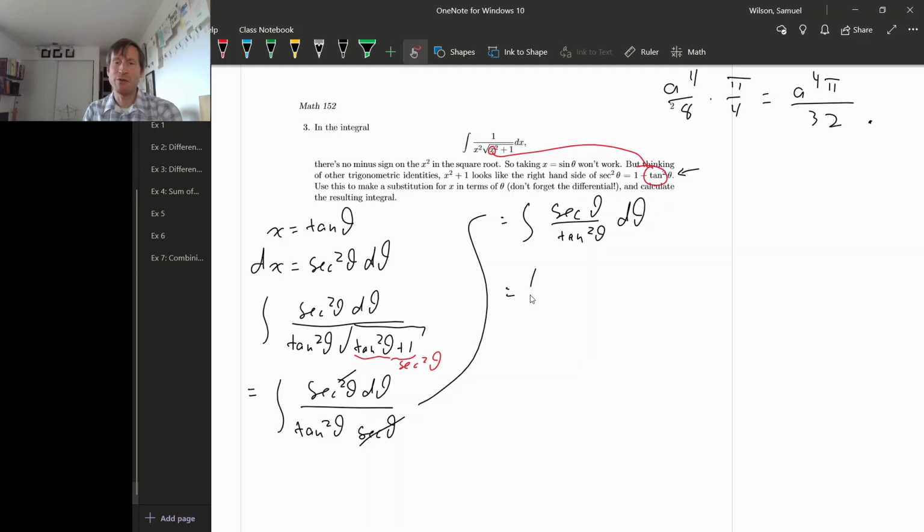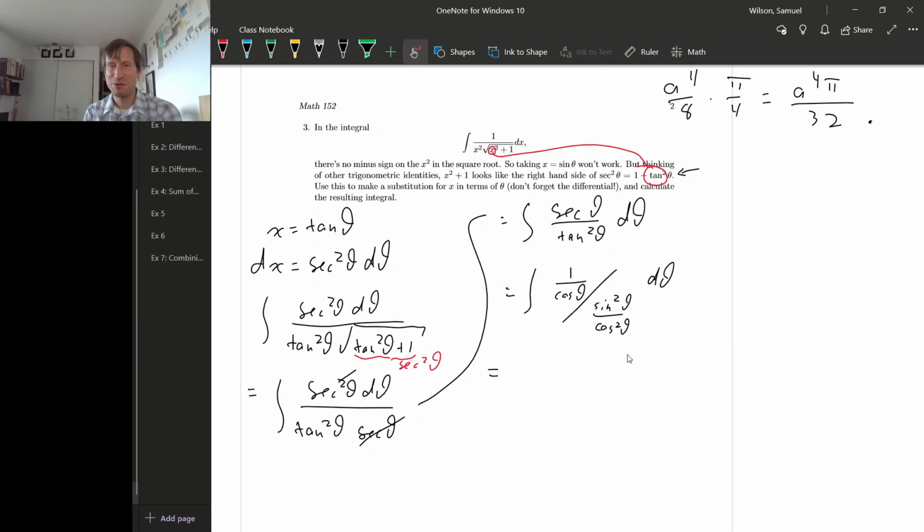So when we do that, secant is 1 over cosine, and then over tangent squared, which is sine squared over cosine squared, d theta.